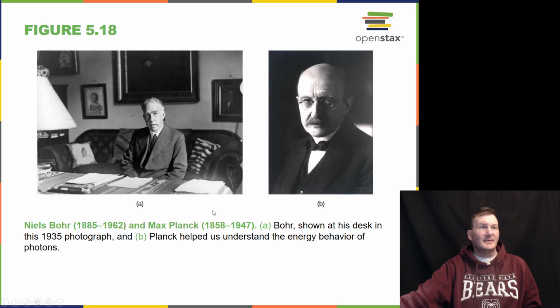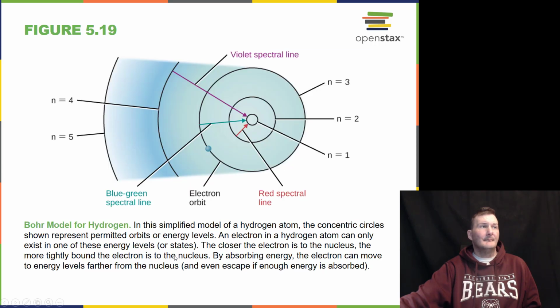Niels Bohr and Max Planck worked together to show the energy behavior of photons and come up with this planetary model of the atom. And so in Bohr's model of the hydrogen atom, we have these electron levels where only a certain number of electrons can inhabit an orbit.